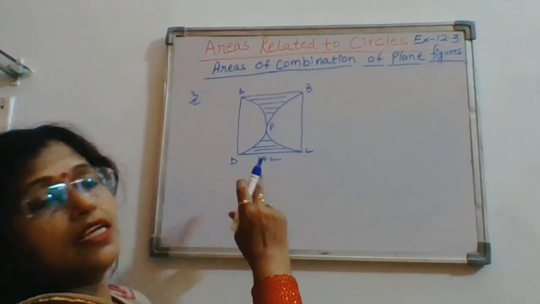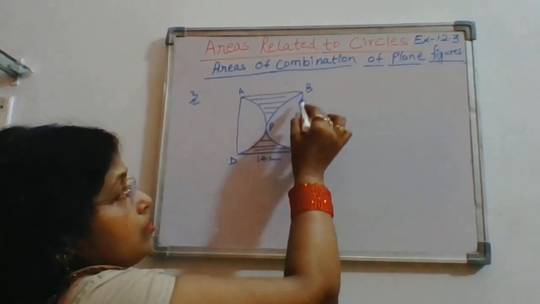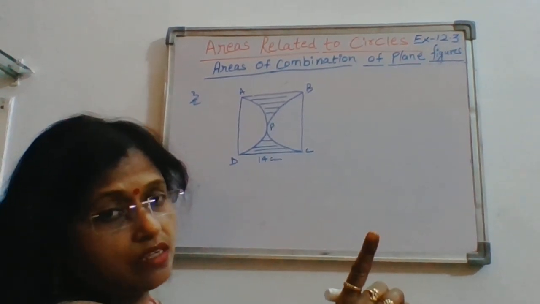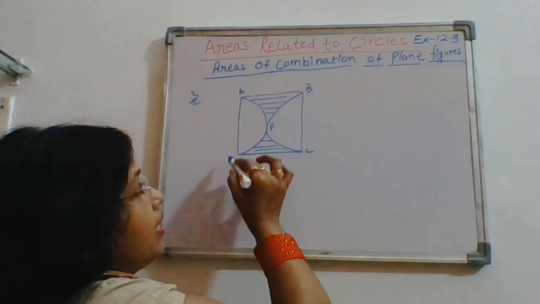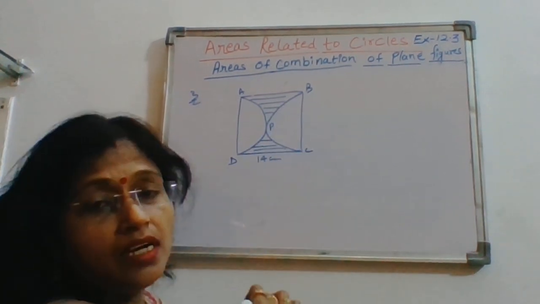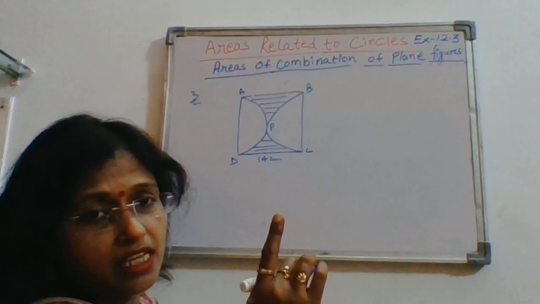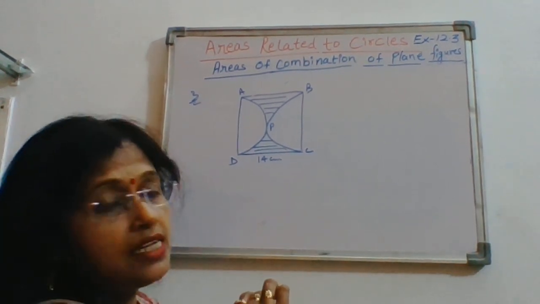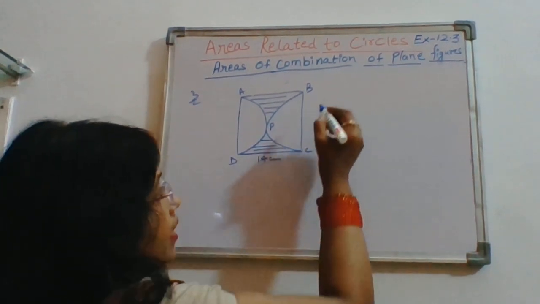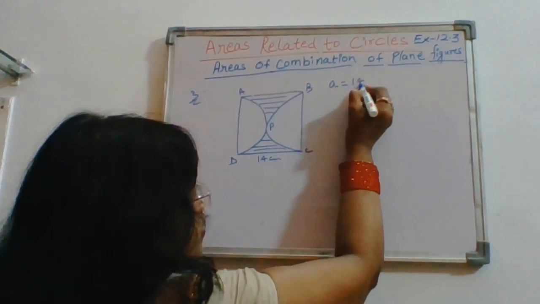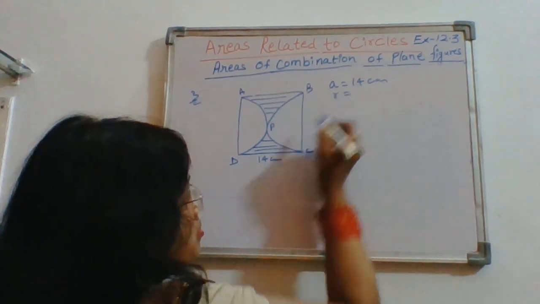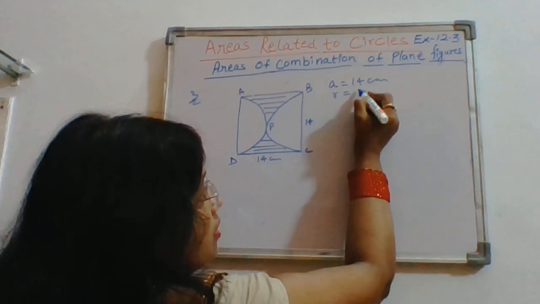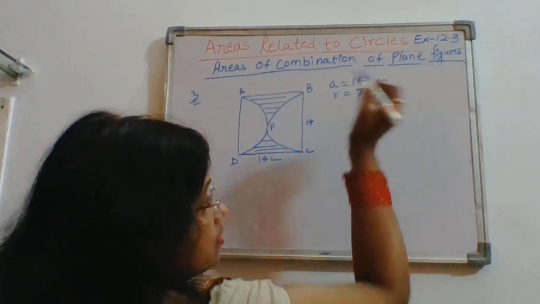Clearly you can see that two of the semicircles will be equal to one complete circle. So area of the square minus area of the two semicircles, or you can say area of the circle, will be equal to area of the shaded region. Side of the square is 14 centimeter and radius of the semicircle will be, because this is 14, that is the diameter, 7 centimeter, right?